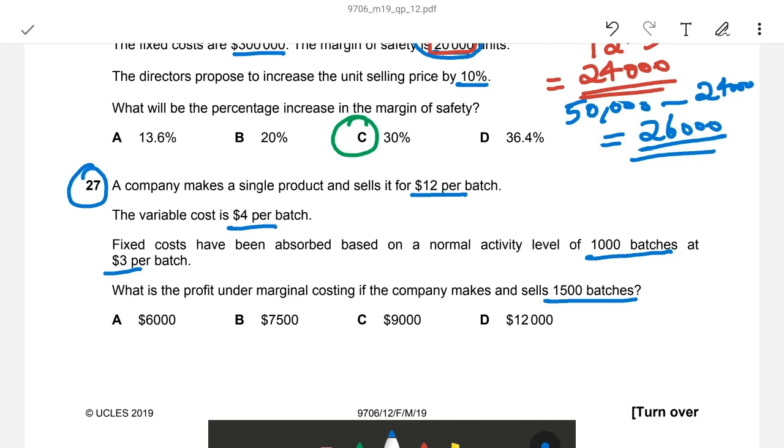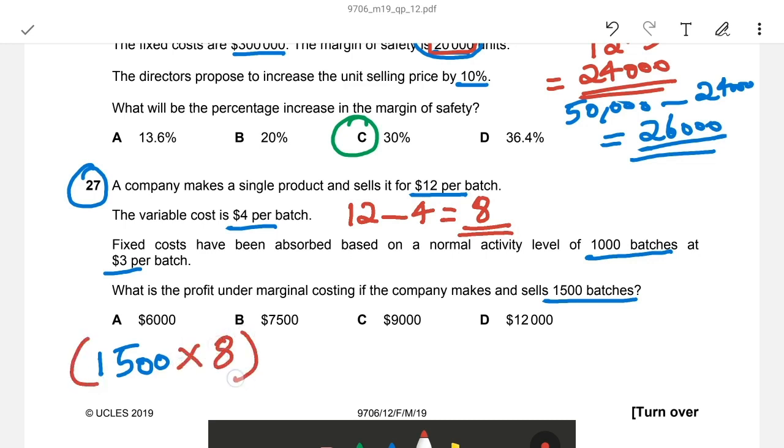Profit is equal to units into contribution minus fixed cost. Here how many units are selling? 1500 batches. Per batch 12 is the selling price. Variable cost is 4. So 12 minus 4 is equal to 8, the contribution. So 1500 multiplied by 8 minus the fixed cost.